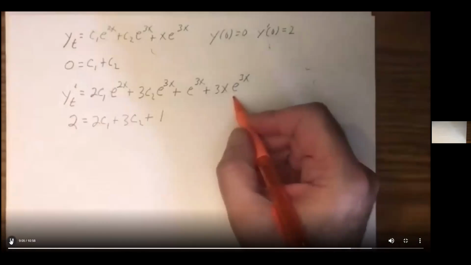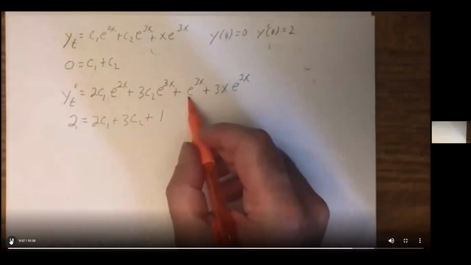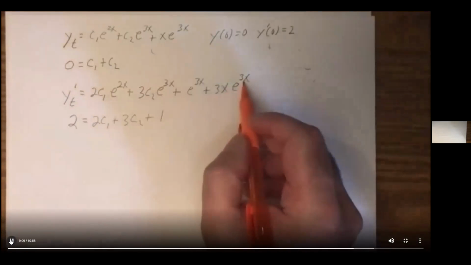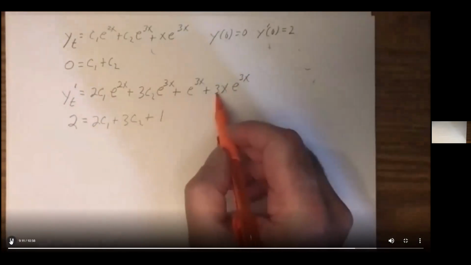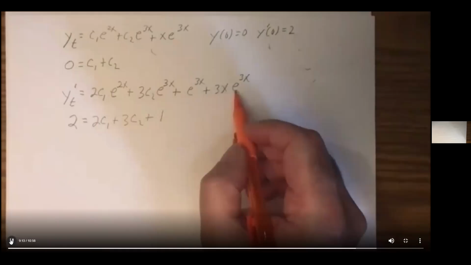All right, this is going to be 0. Now I use the product rule here. x is just 1, and then this brings down the 3. So I get 3x times e to the 3x.